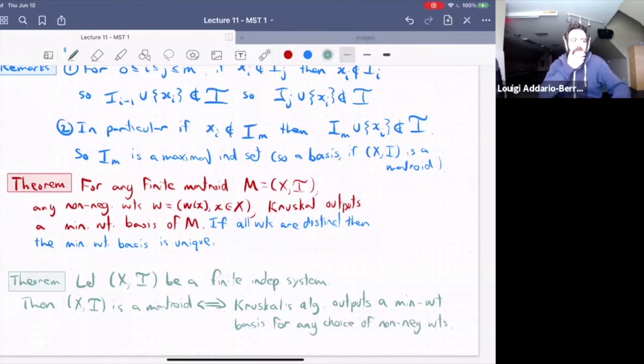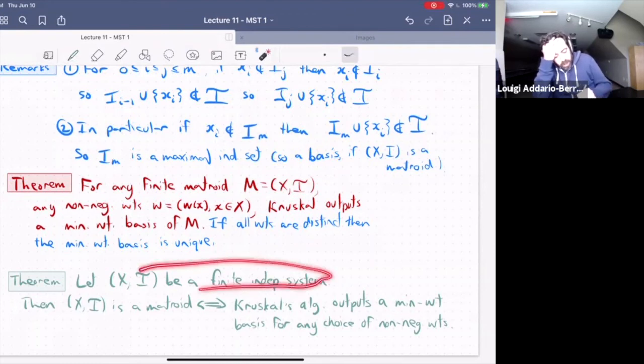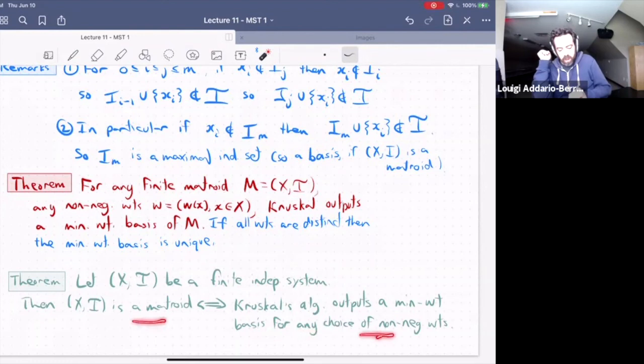So in other words, that's saying that among the class of finite independent systems, the correctness of Kruskal's algorithm for arbitrary non-negative weights characterizes matroids.